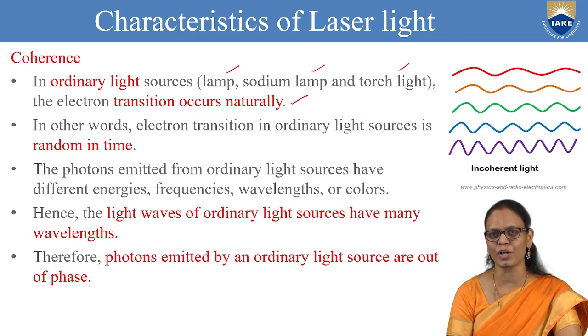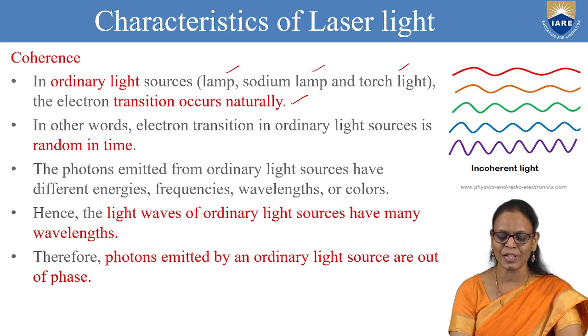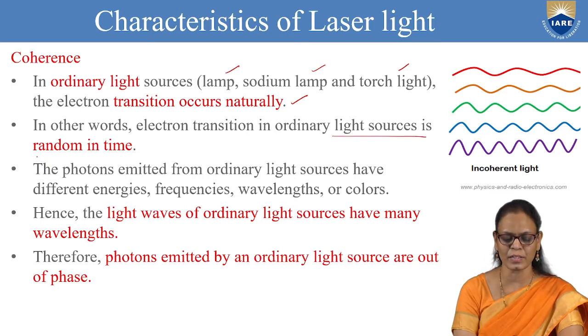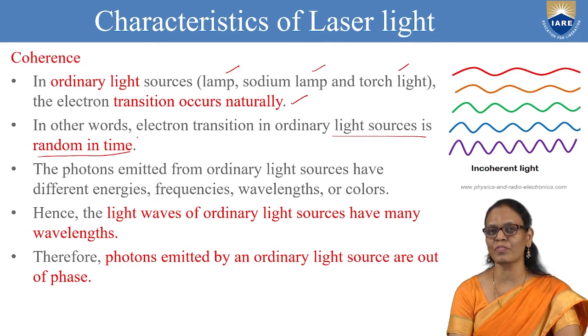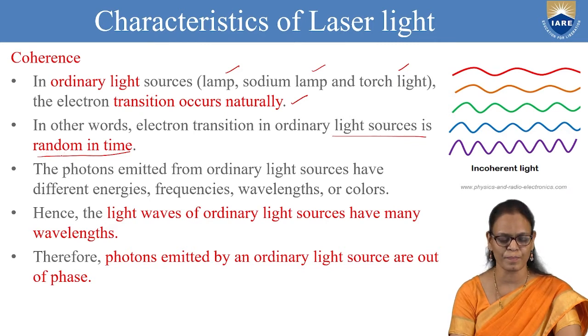Naturally here means the electron transition is random in time. At any time it may happen. So in other words, electron transition in ordinary light sources is random in time. Random means at any point of time, not fixed.